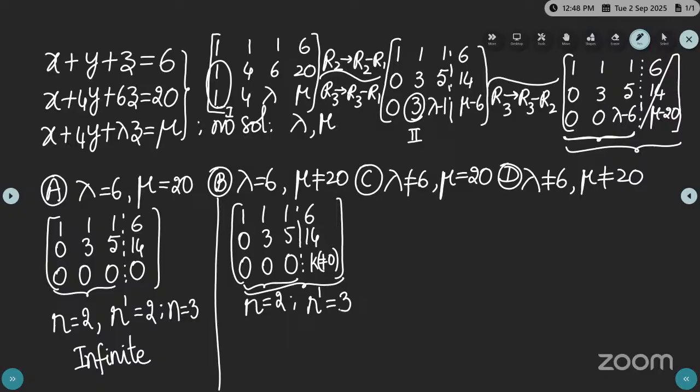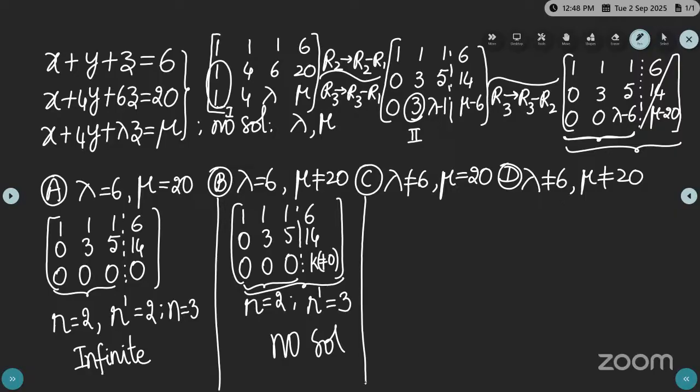Then what are you getting? Parallel planes. No solution.